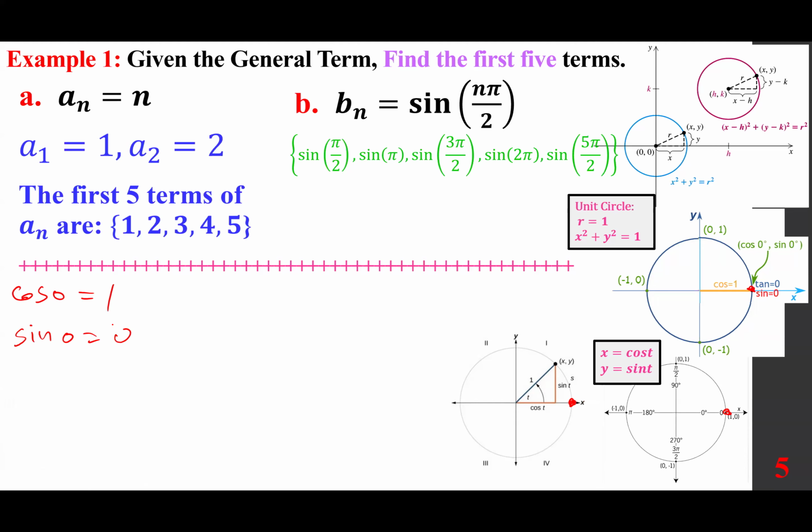Sine 0 is 0. This point has coordinates 0, 1. The angle is pi over 2 or 90 degrees. Cosine of pi over 2 or 90 degrees is 0. Sine of pi over 2 or 90 degrees is 1.